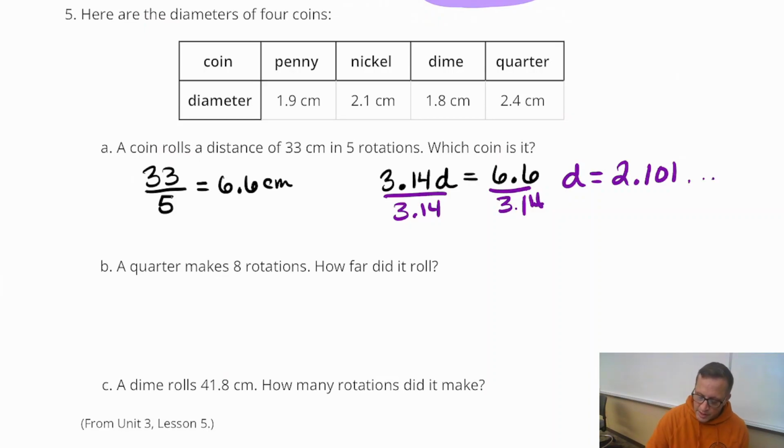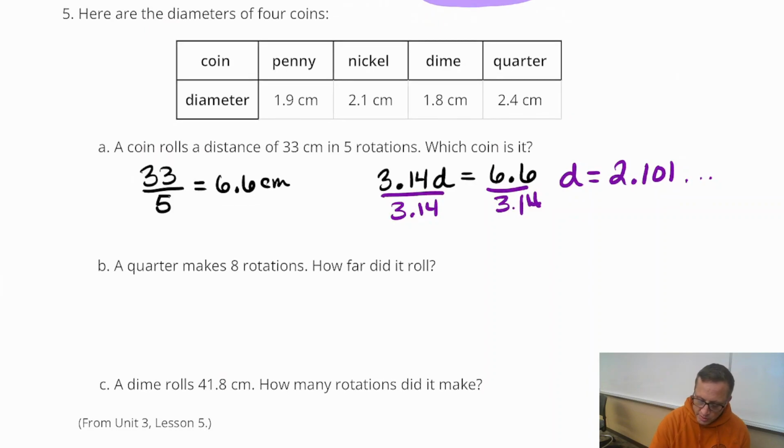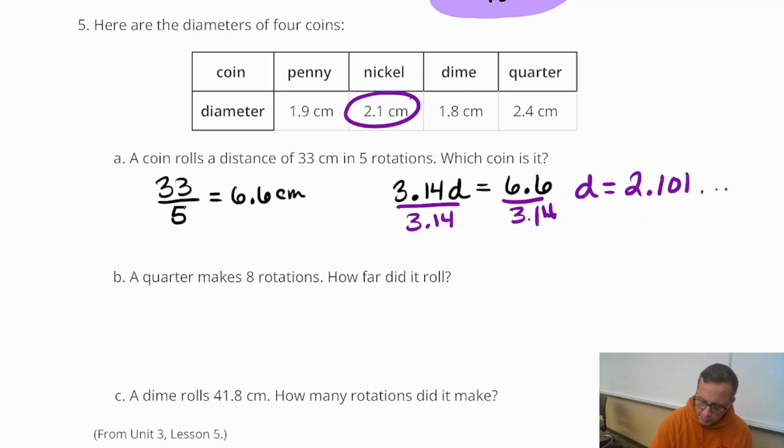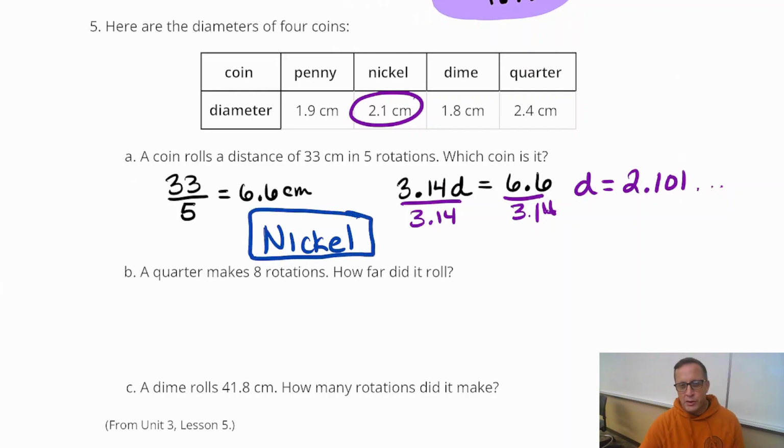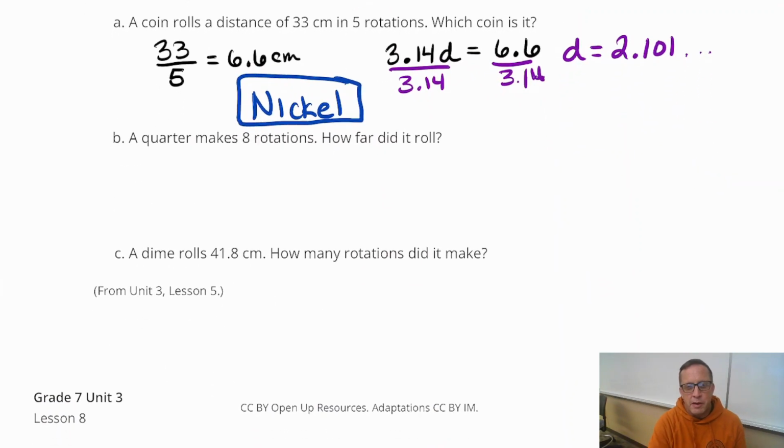And that closely resembles the nickel, 2.1. I would assume they rounded it or something. So that's the nickel. The most boring coin, in my opinion, of the American money.